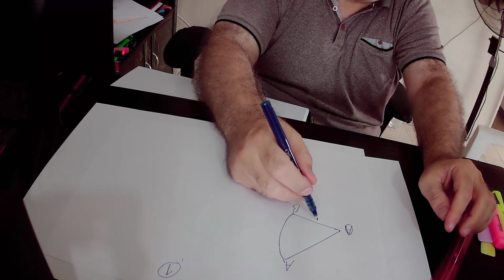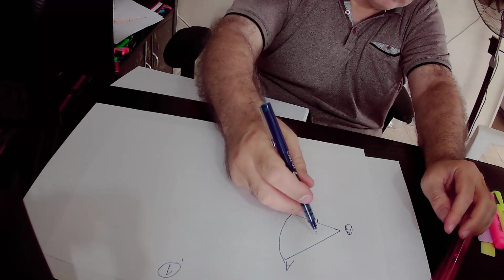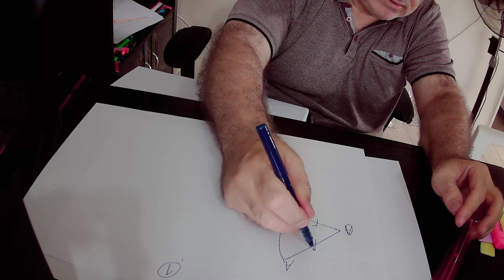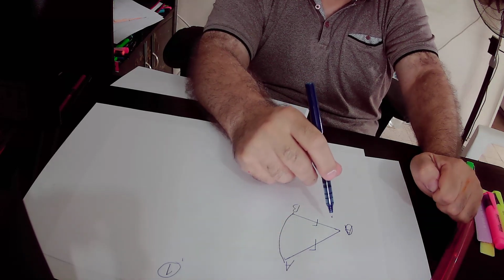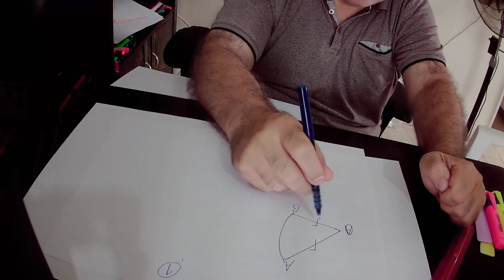OB is the radius of the circle, OA is also the radius of the circle, that is equal to R, and the angle between the legs of sector O and B is theta.